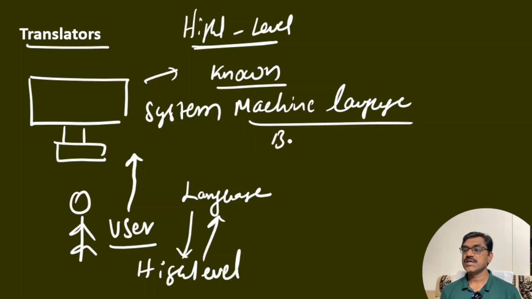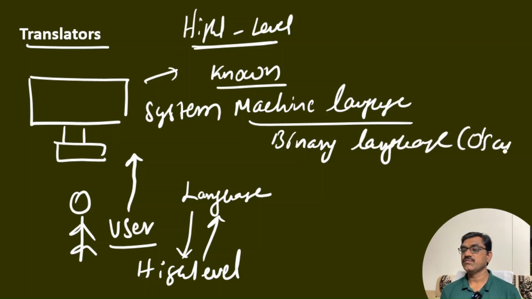Machine language, in the sense, we call it the binary language, that is, zeros and ones. Here, the problem is in understanding. The system knows machine language, the user knows high level language. That means the system doesn't know high level language, and the user doesn't know machine language. Here, the problem is a communication gap.